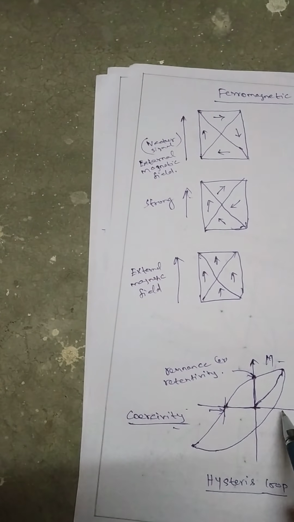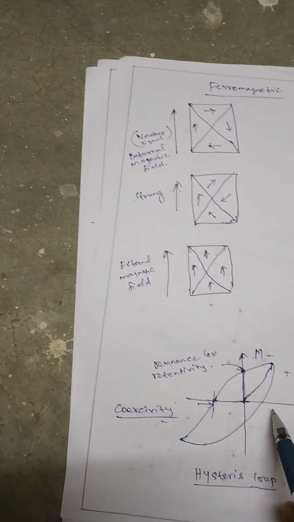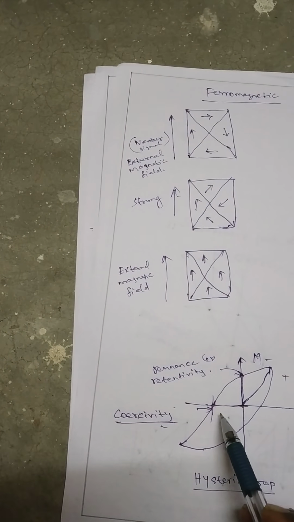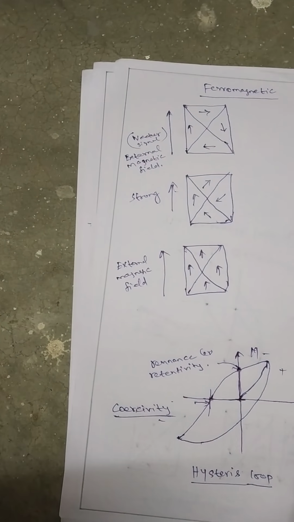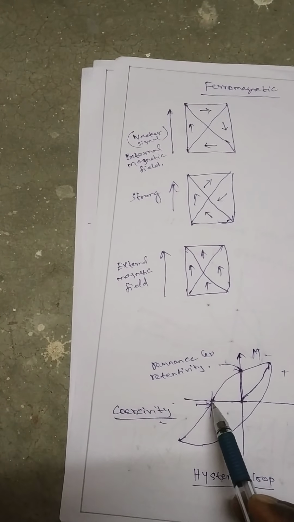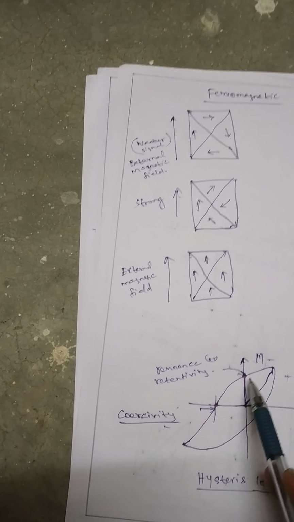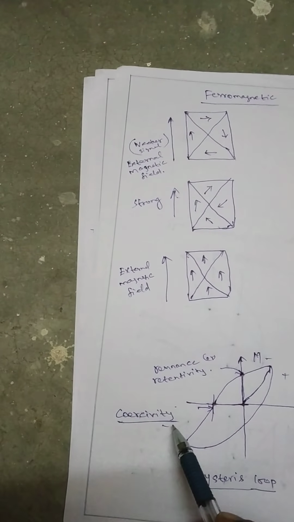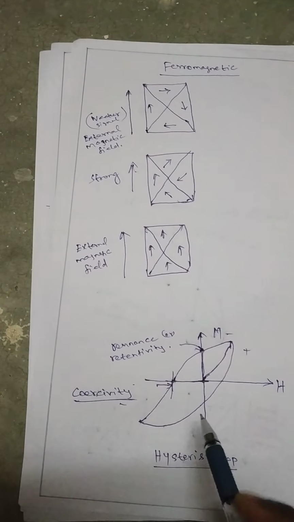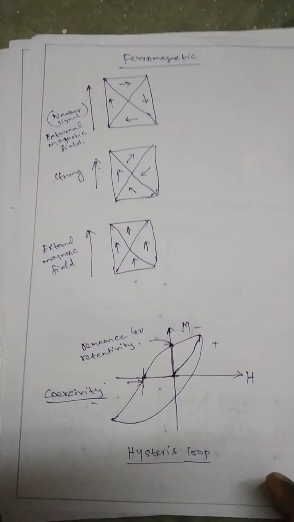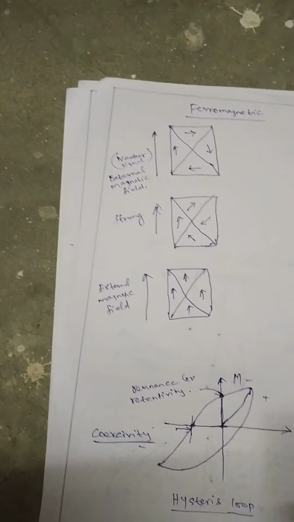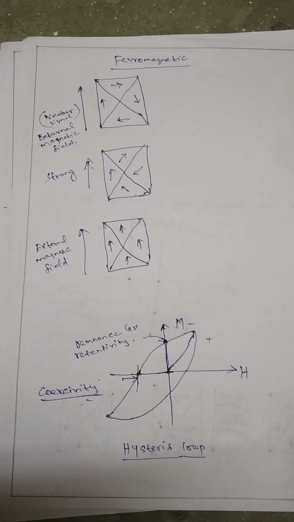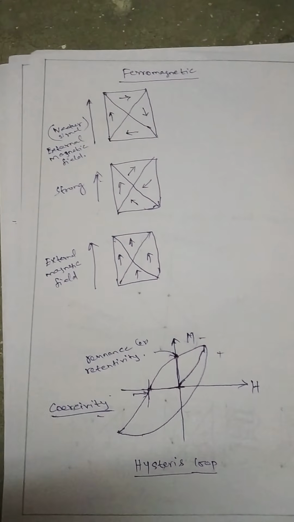But if we bring the magnetic field to 0, how much magnetic field needs to be applied to bring the magnetism of the material to 0? That is called the coercivity. So ferromagnetism is the property of the material or specimen which has ferric alloys.